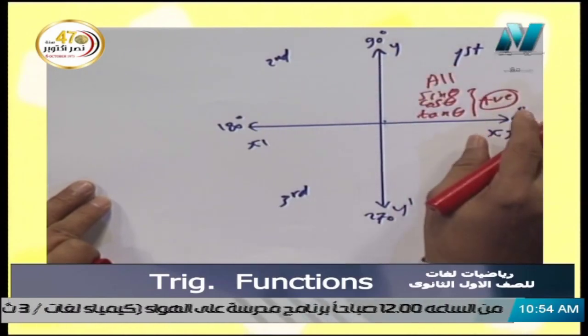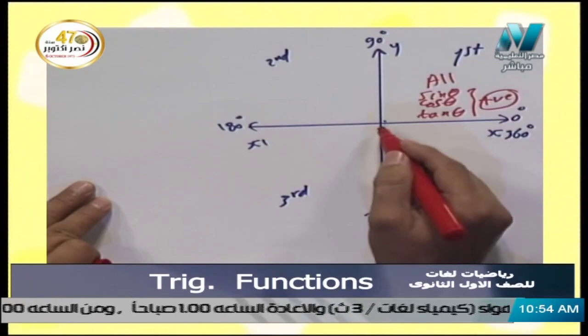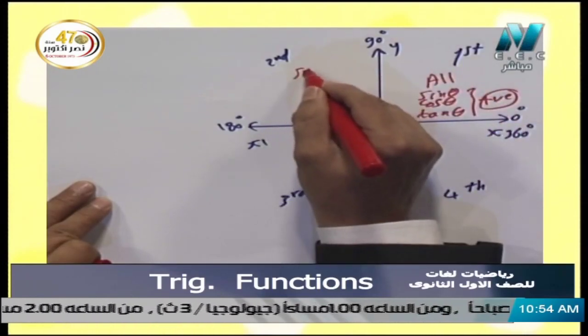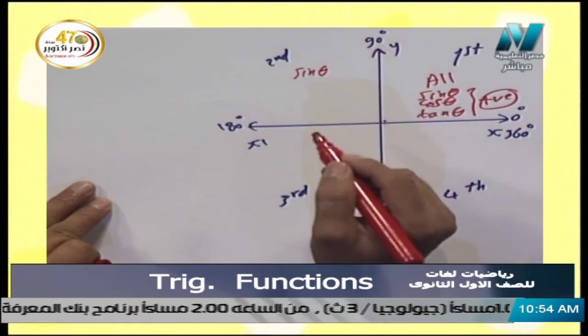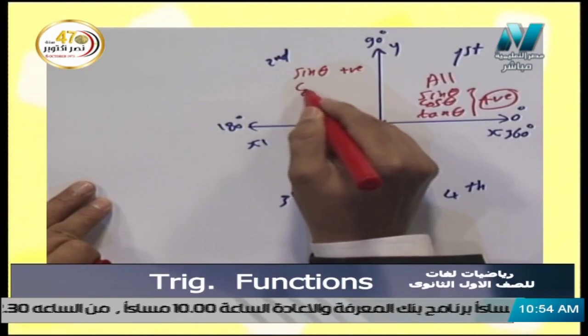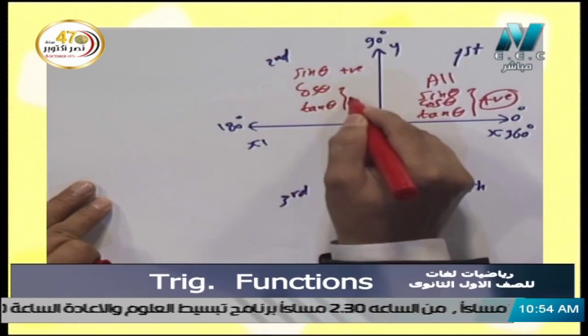So we know that x is cosine here and y is sine. So here sine and its reciprocal are positive. Cosine and tan will be negative.